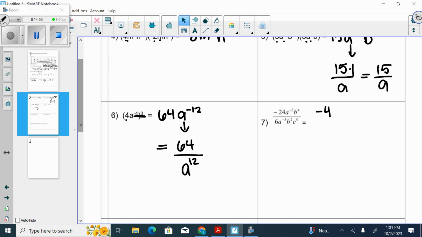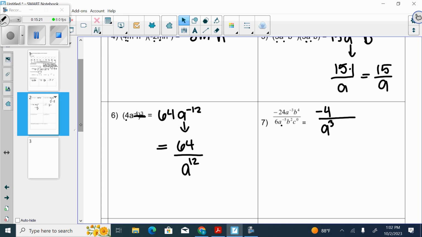So maybe instead of having two negatives, how could I make them positives? What could I do to make a to the negative third a positive a to the third? Where could I move it? Down. Okay, so let's do that. Let's move the a to the third down. Okay, but down here, a to the negative fifth, how could I make it a positive fifth?